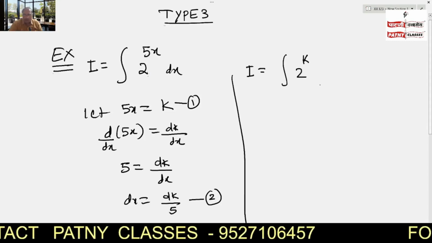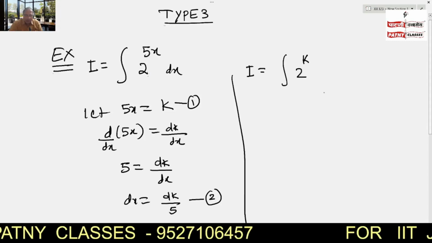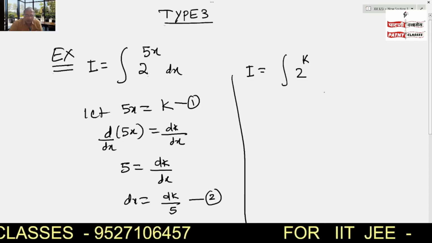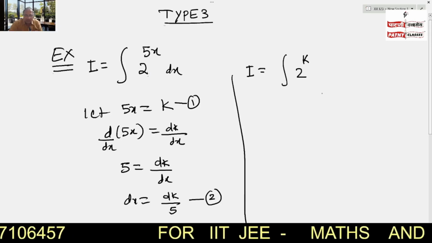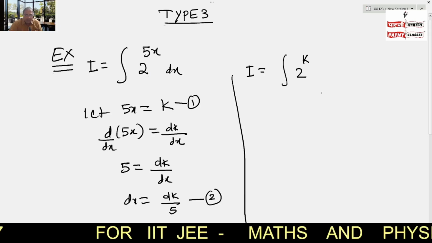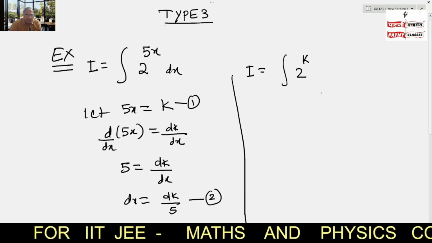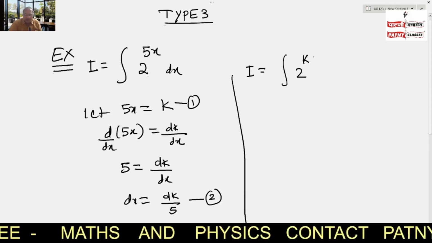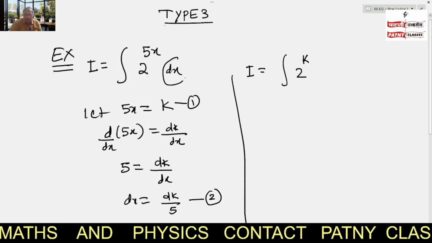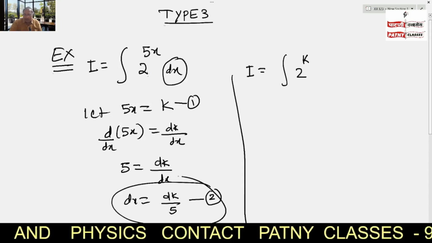Converting to a single variable, as I already told you, is nothing but called standardization. And when we deal with a problem, the first step is always standardizing the given problem. So 2 raised to k is a standard form, and dx is equivalent to dk by 5.